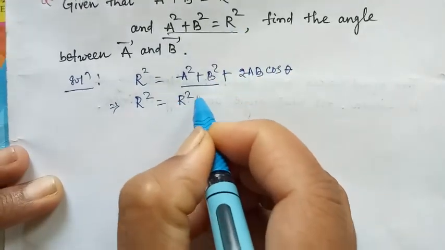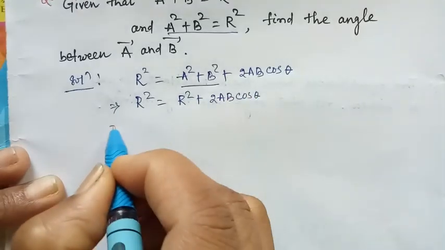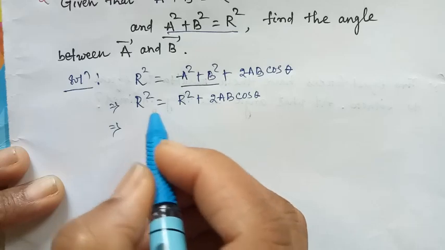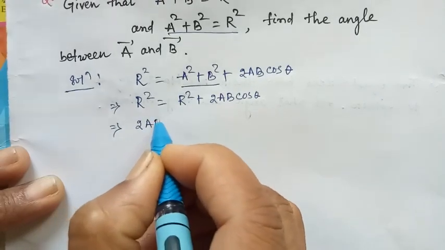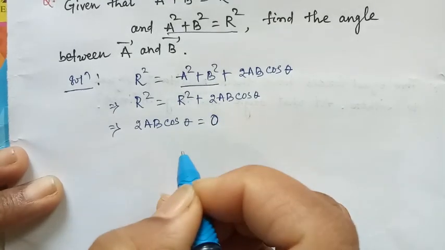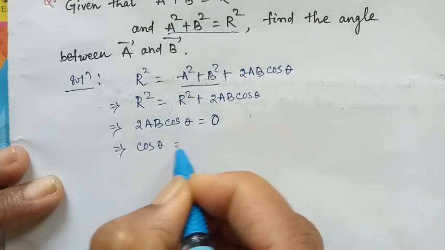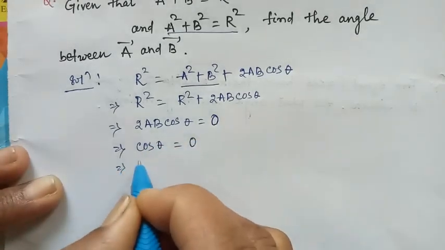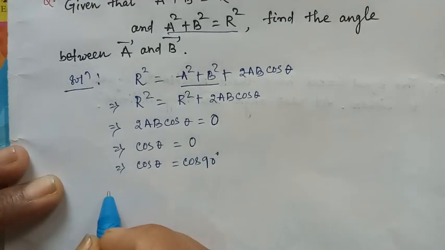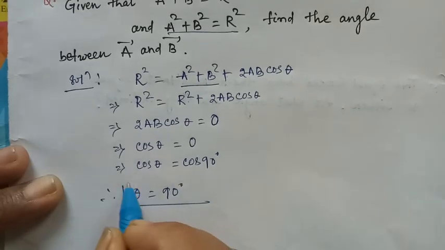So R square plus 2AB cos theta. Now R square take it to LHS. So we can write 2AB cos theta is 0. That implies cos theta is equal to 0, or cos theta is equal to cos 90. That means theta is equal to 90 degree.